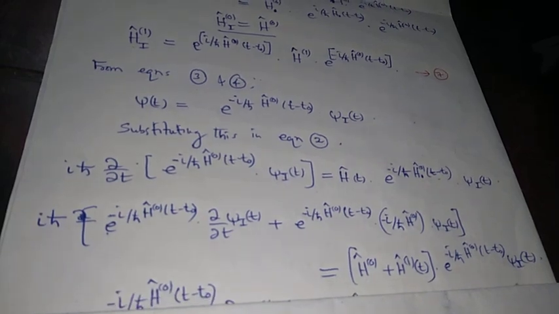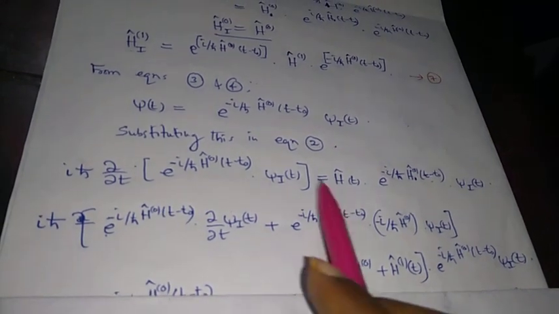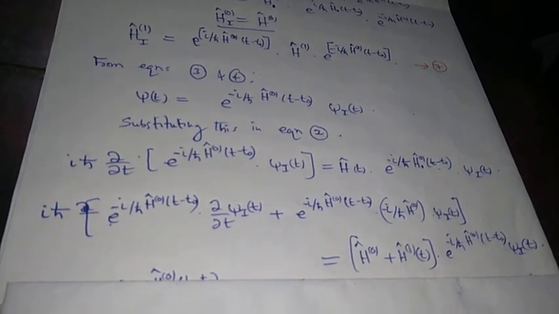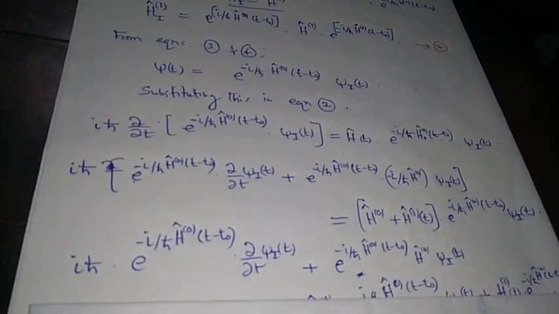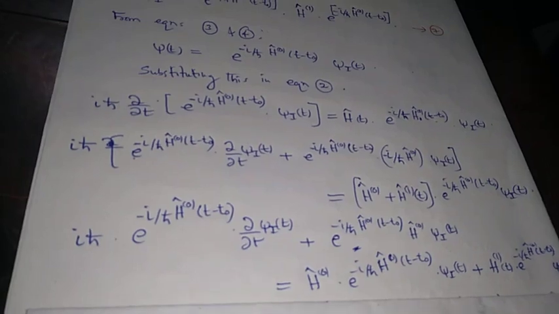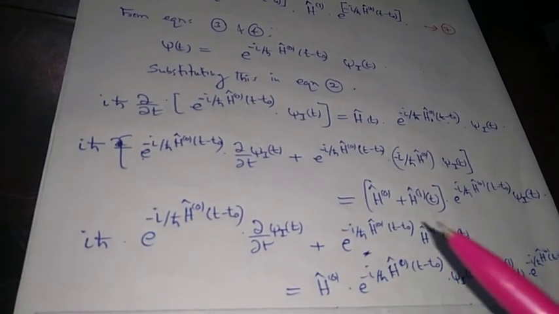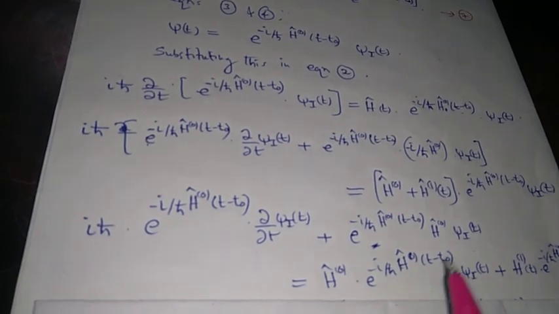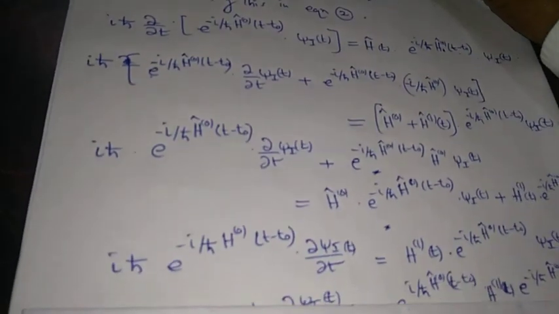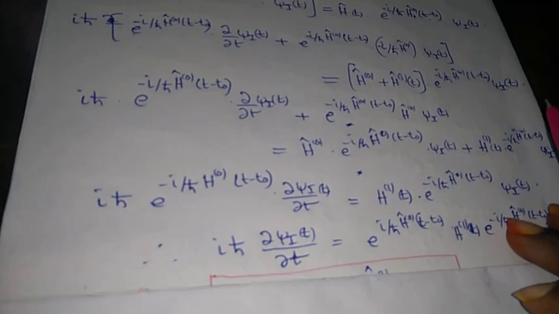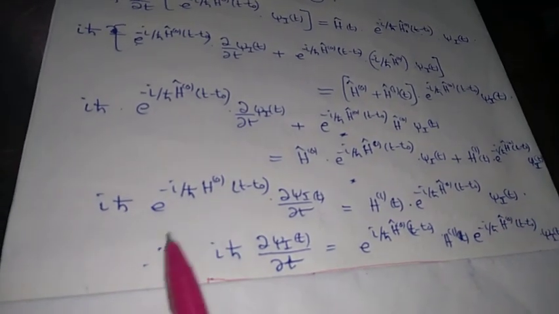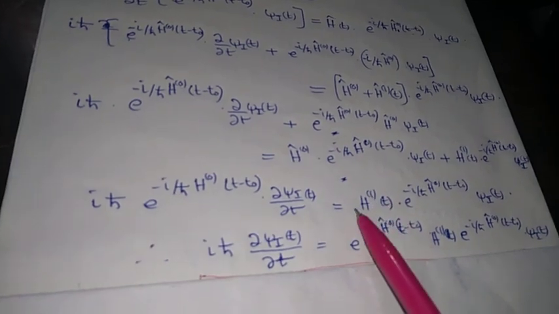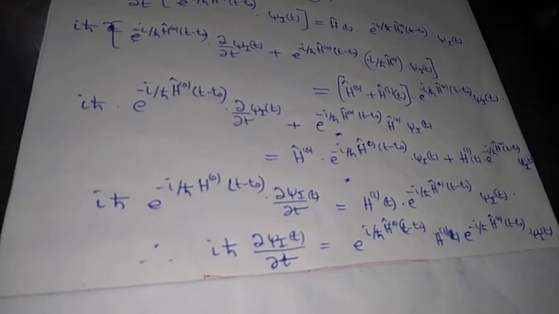On the right hand side, if you substitute H t equals H0 plus H1 t, then the second term on the left hand side and the first term on the right hand side are equal, so they get cancelled, giving rise to the fact that the first term on the left hand side is equal to the second term on the right hand side.